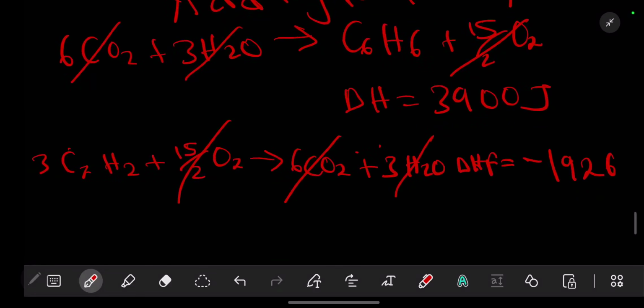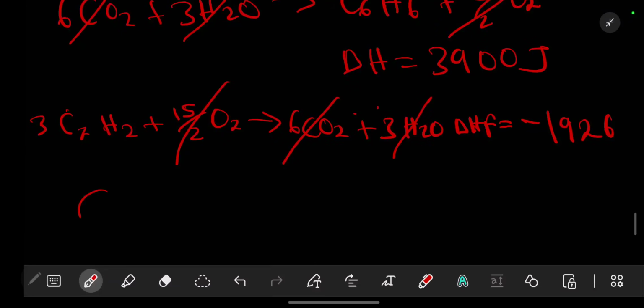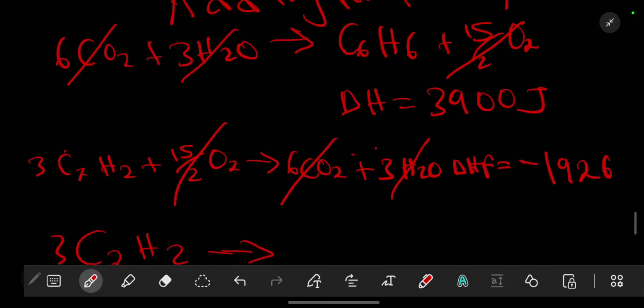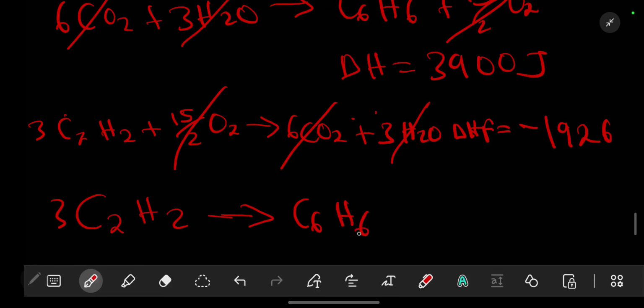So we are just remaining with our 3C2H2, which should be equal to our C6H6. Then the change in enthalpy will be equal to 3,900 minus 1,926. This is going to give us 1,974 joules. So that is how we deal with such a problem.